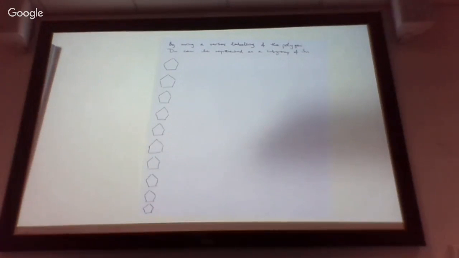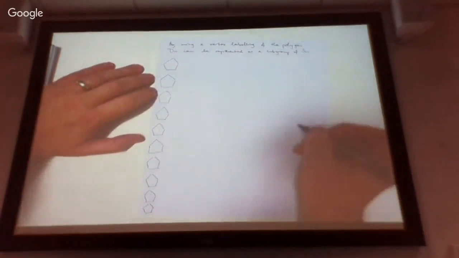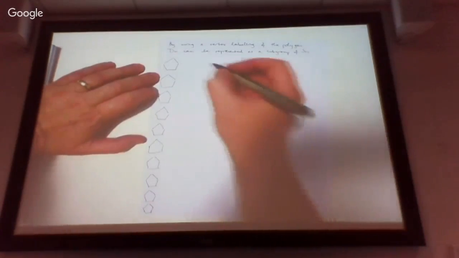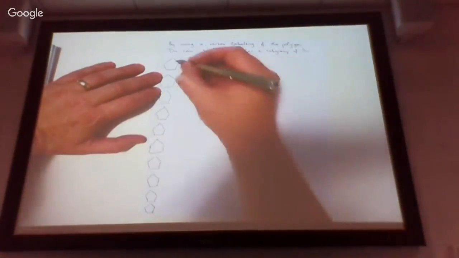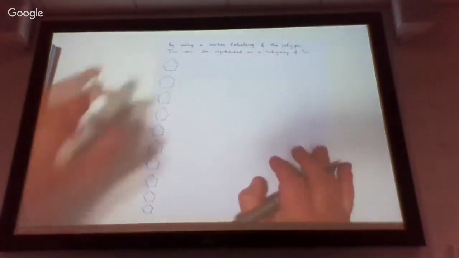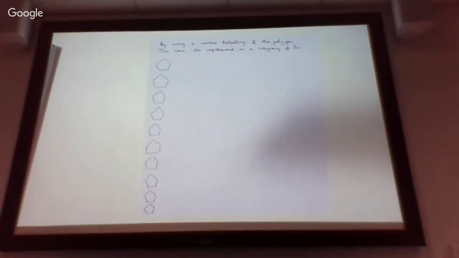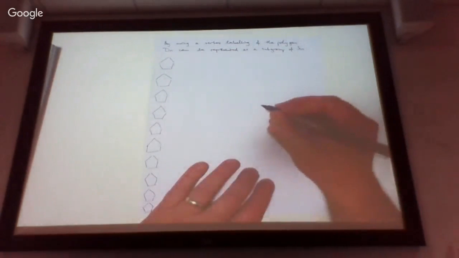Okay, what are we actually going to do here? We'll let these ones down the left be the images, the pentagon after we perform a certain symmetry.